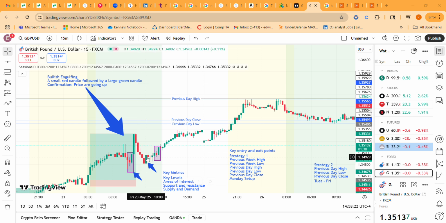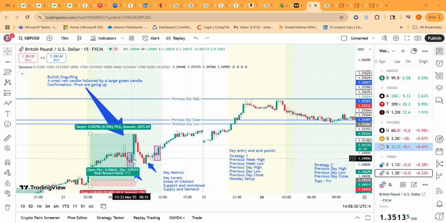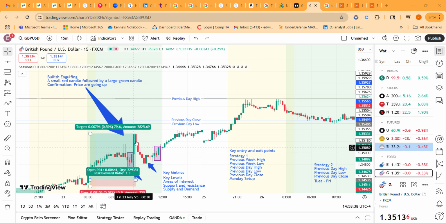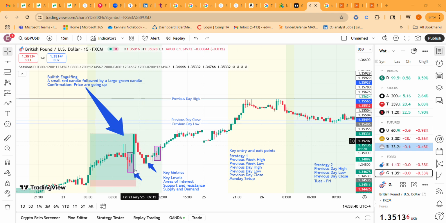So this is a way you can identify specific confirmations, right? Whenever you see a small red candle and a larger green candle, just know that prices are going to go up.